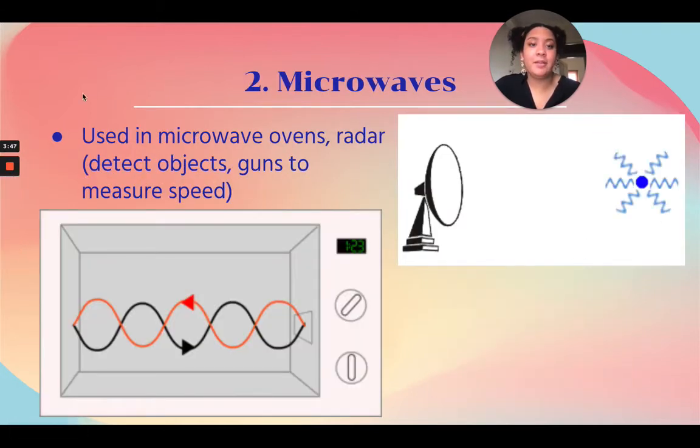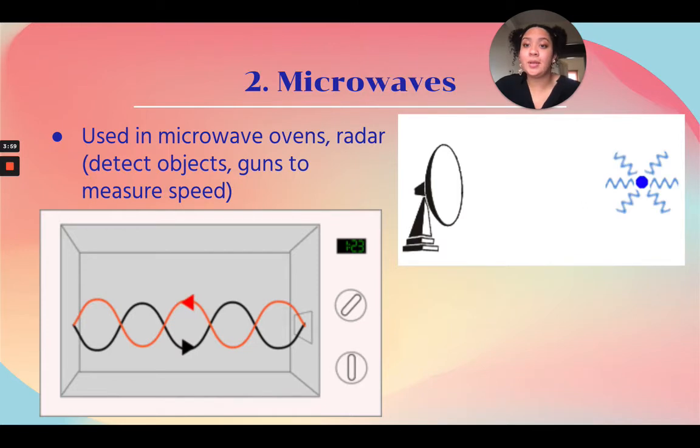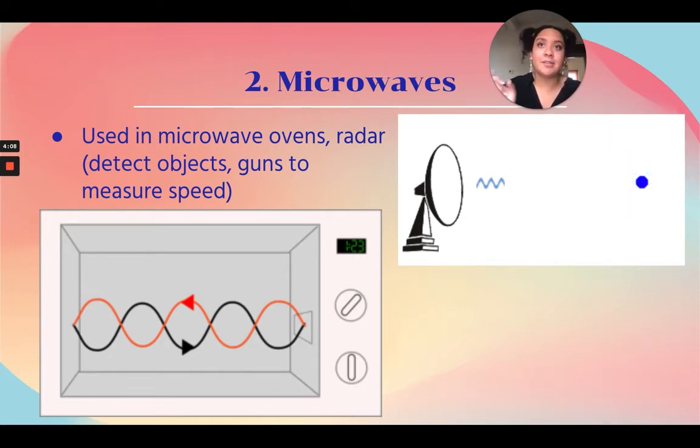Next is microwave. That's the second lowest frequency or lowest energy. We use microwaves in microwave ovens to warm our food up, and we also use them in radar detection, like how they detect speed on different cars. Have you ever seen a speedometer?